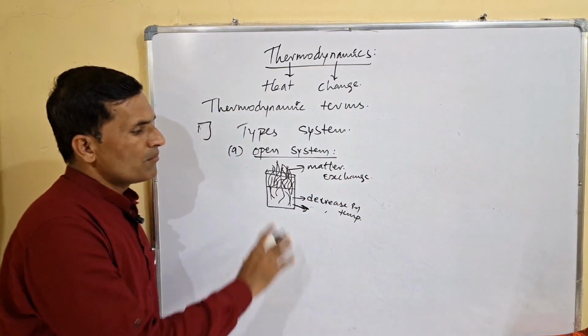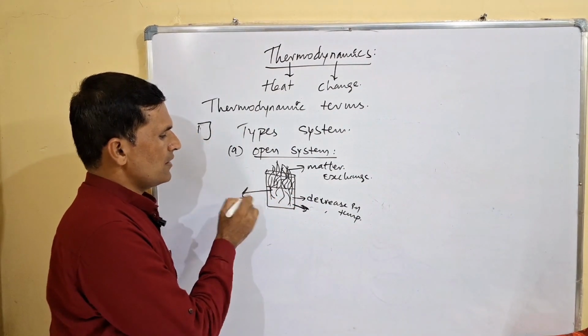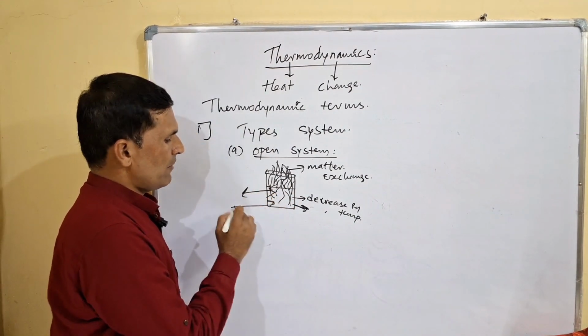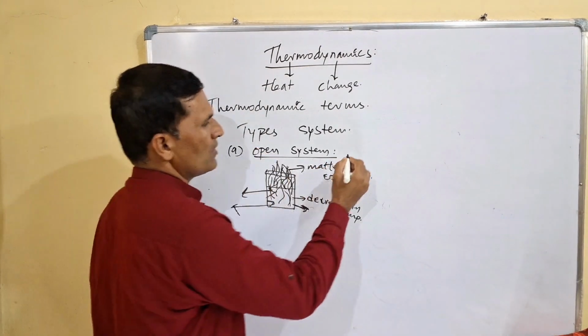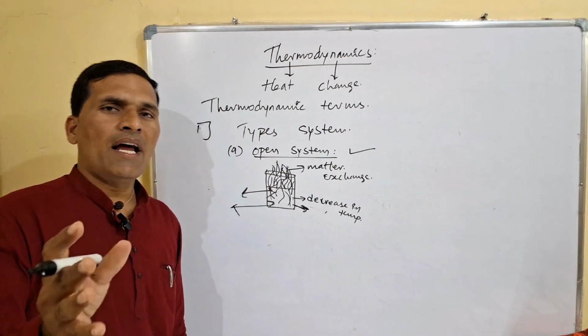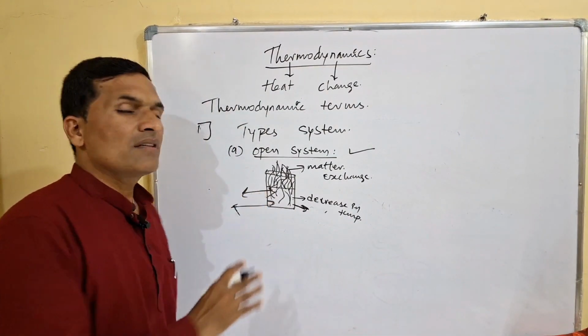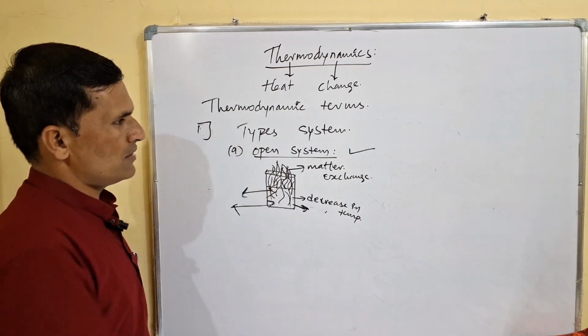Therefore, both heat as well as matter are being exchanged with the surrounding. Such a system we call an open system: the system where both heat and matter are exchanged with the surrounding.